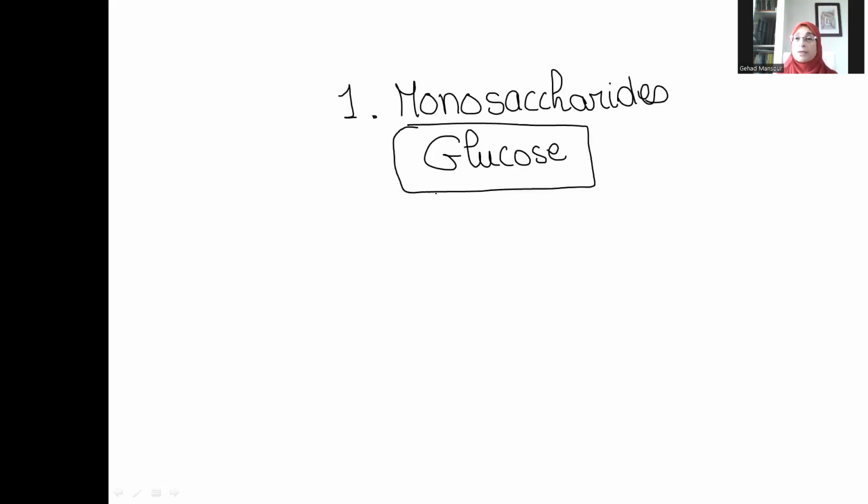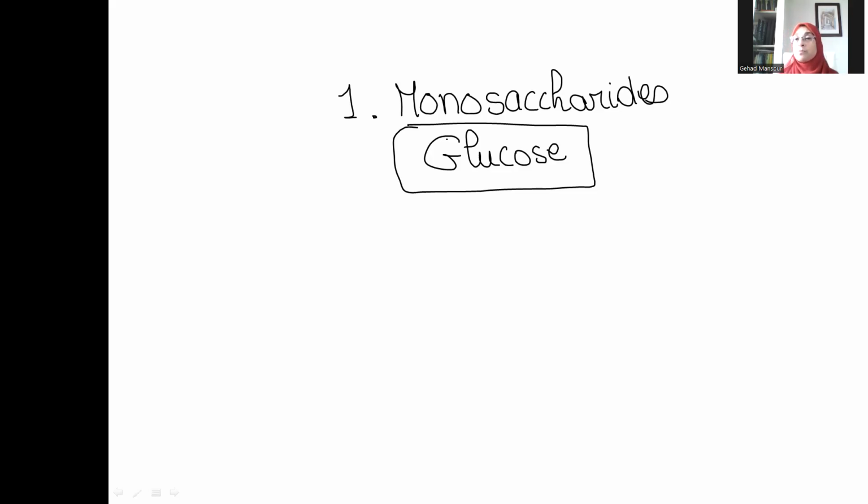And on top of the monosaccharides, we have glucose, because glucose is the most abundantly ingested carbohydrate, either because you use it in a disaccharide like sucrose, which contains glucose, or because you eat rice and pasta, which contain starch, and starch is finally converted into glucose.